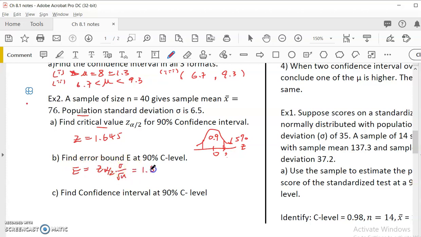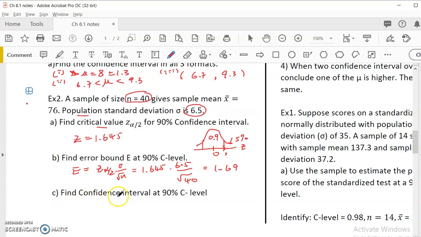So that's 1.645 times sigma, which is 6.5, over square root n. N is 40. You just put it in the calculator: 1.645 times 6.5 divided by square root of 40. That is 1.69.